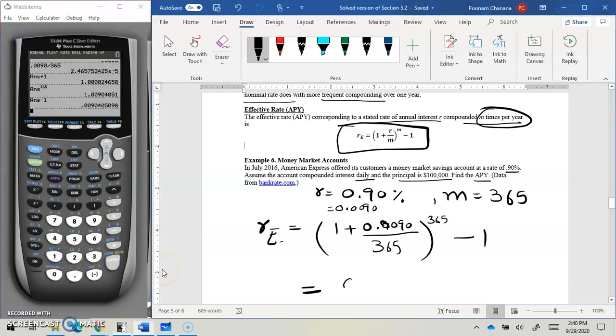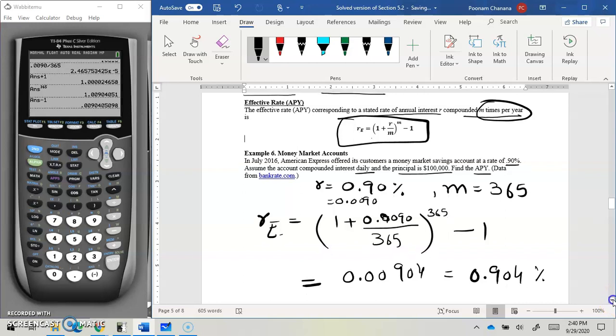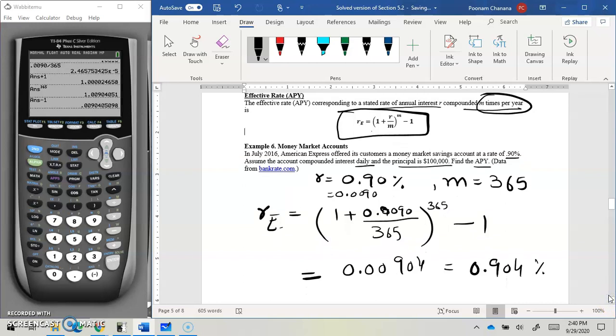So the answer is 0.00904. That is, in percentage, 0.904%. So the effective rate for daily compounding comes up to be this.